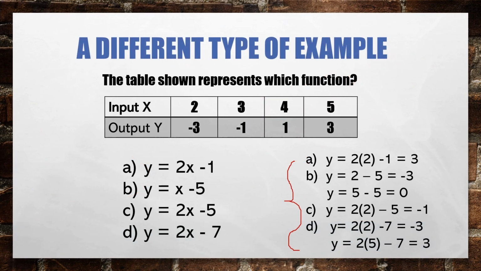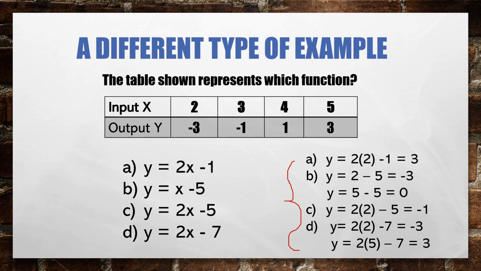But let's look at a different example, and it's going to be easy too. It's just different. They did the opposite of the other examples. In the very first problem, we had to decide what our x values would be, right? In the second example, it told us what our x values were, and we had to find y.